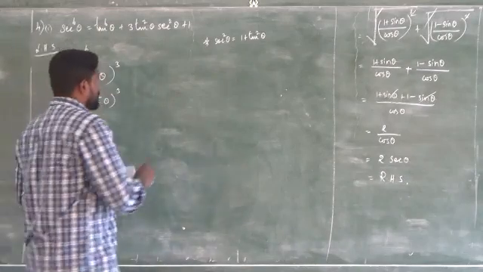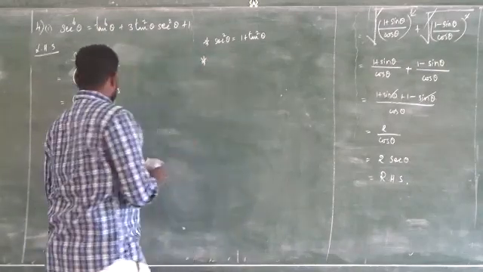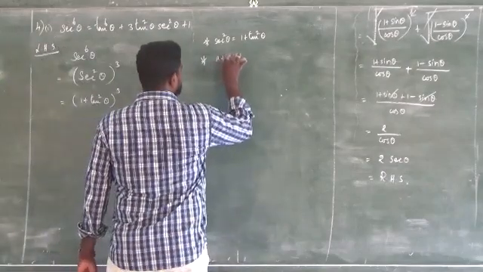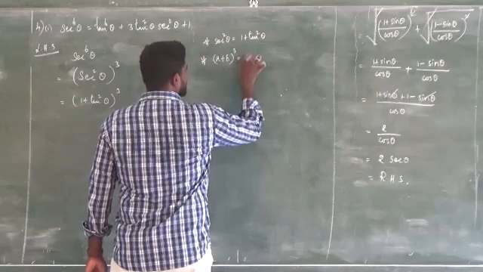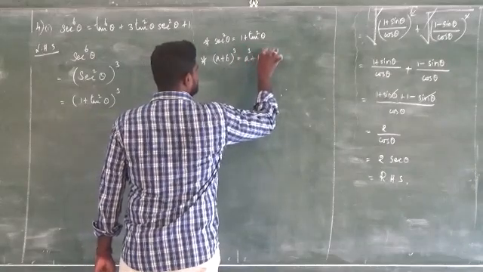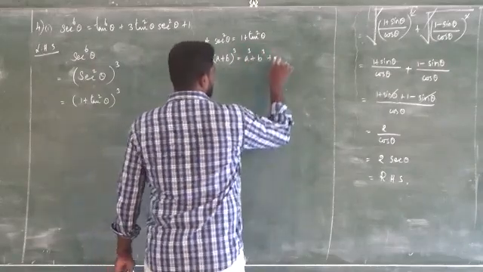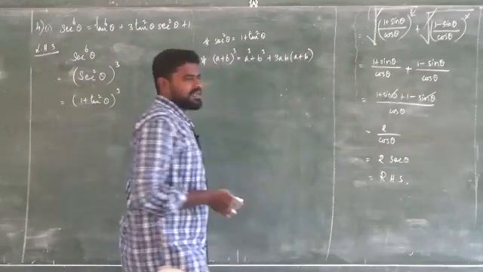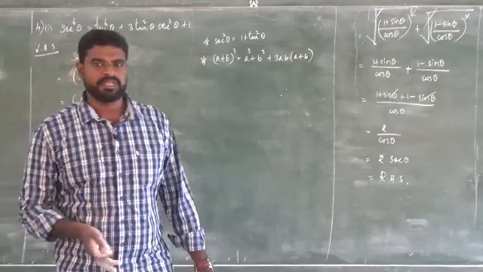Now you need to know the formula for a plus b whole cube. The formula for a plus b whole cube is a cube plus b cube plus 3ab into a plus b, or we can write 3a square b plus 3ab square.